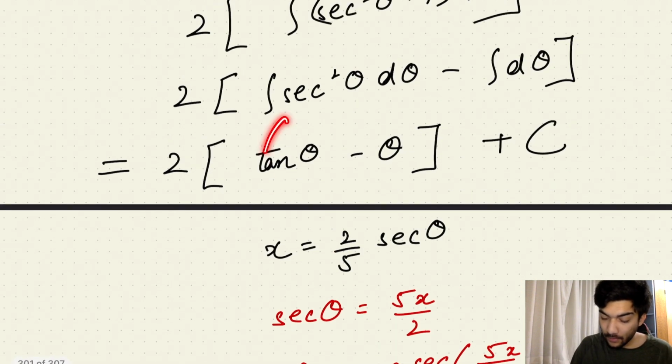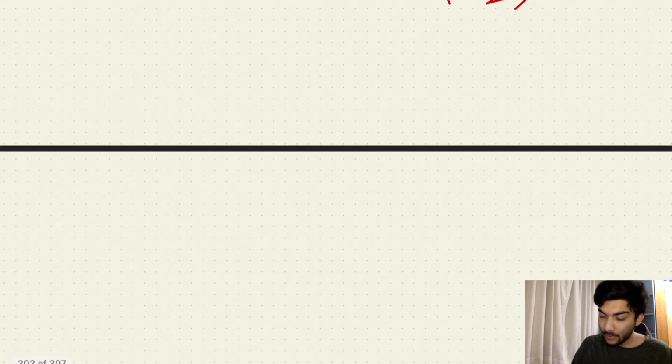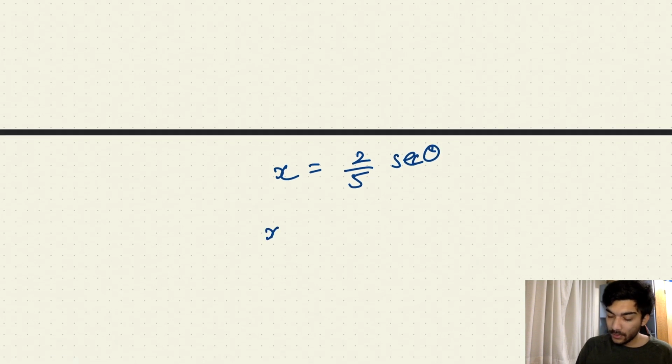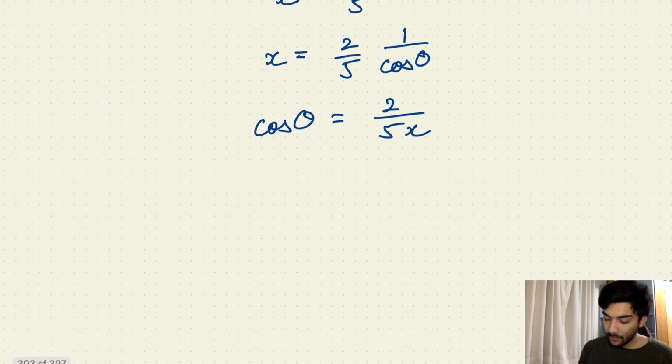And again, if we want to solve for tan theta, we know that our x is 2 by 5 secant theta. So our x is 2 by 5 times 1 over cos theta. If we take the cos theta on one side, we'll get 2 upon 5x, right? And we'll again construct a right angle triangle.